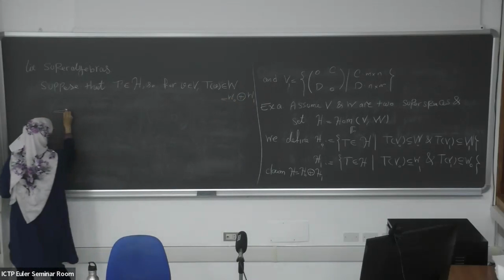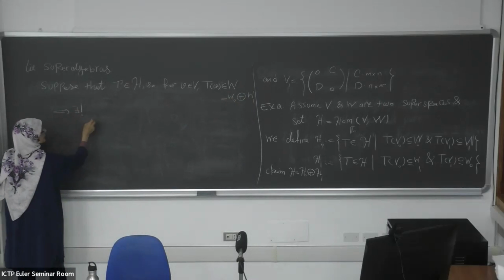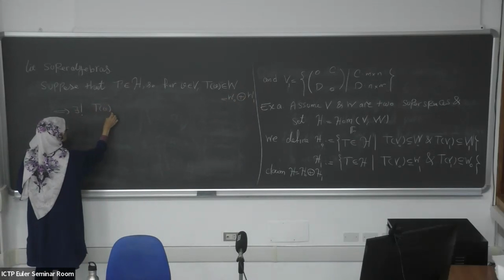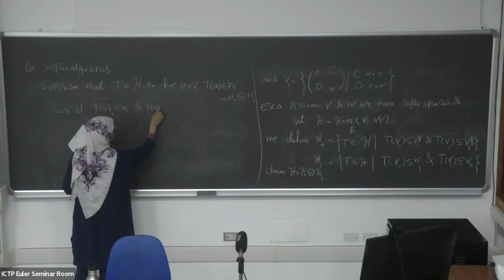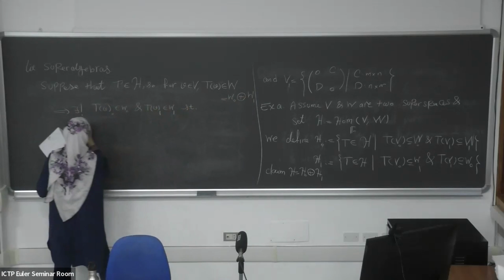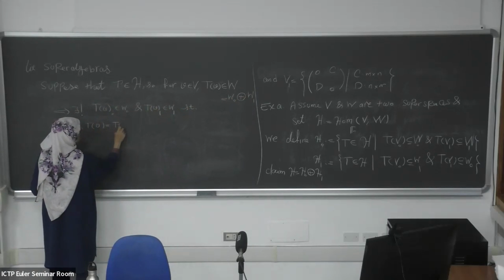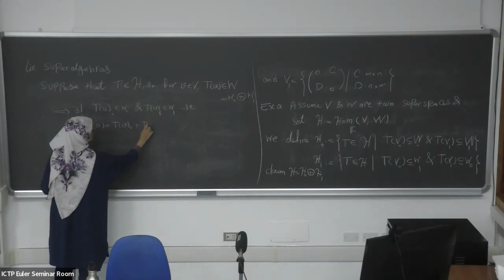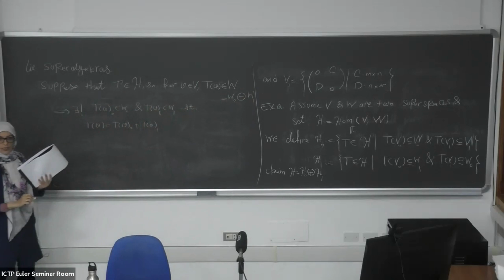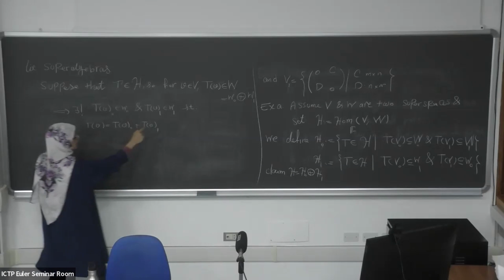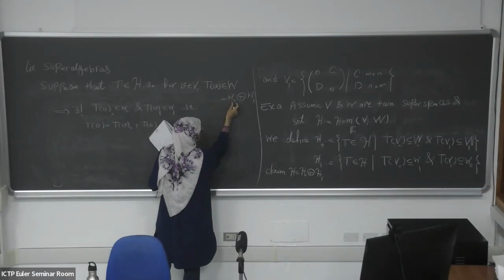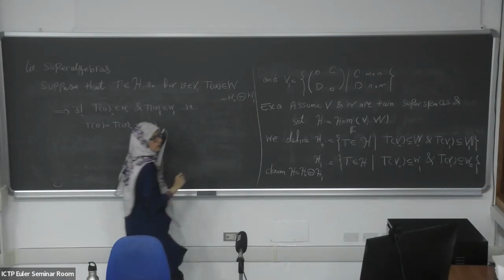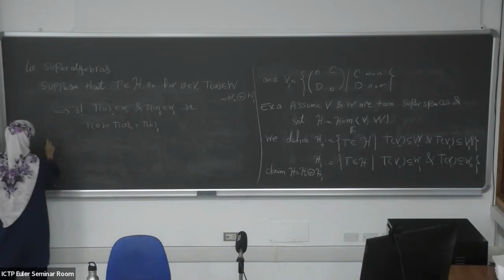So there exist unique Tv0 belonging to W0 and Tv1 belonging to W1 such that Tv equals Tv0 plus Tv1. Okay? Each element of W has a unique expression as a summation of two elements, one in W0 and one in W1.